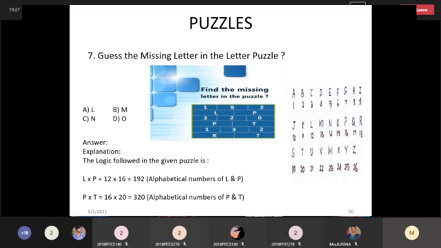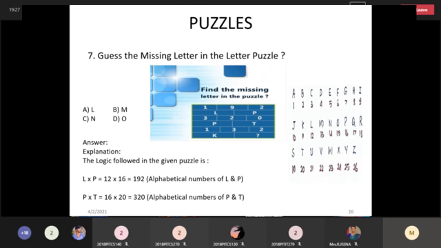So 12 into P, that is 12 into 16 is equal to 192. Okay. So next one, P into T. P, what is the value here? P is 16 into T, so 20, we get the answer 320. Okay, so now we have to find out the answer 132. So 132, what could be the answer here?